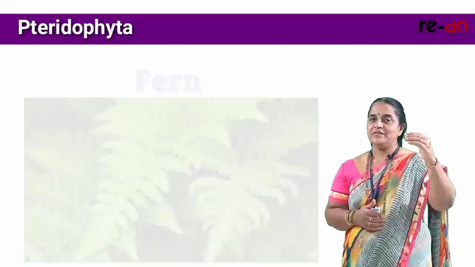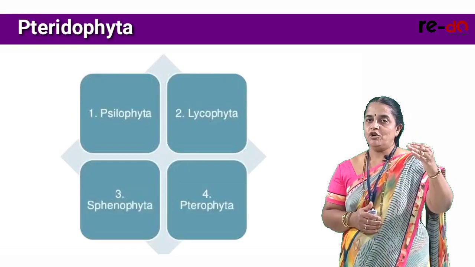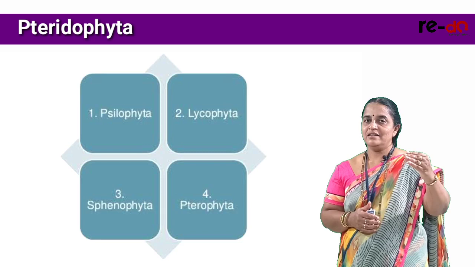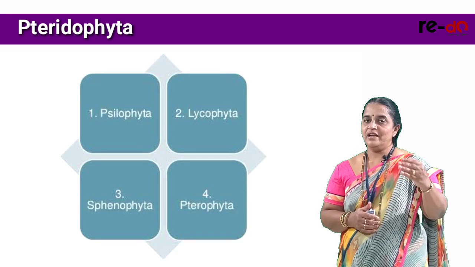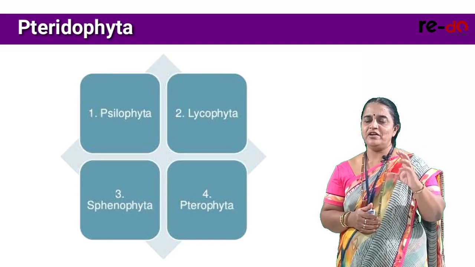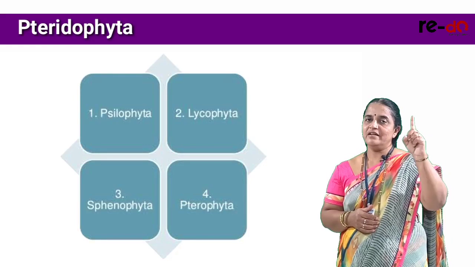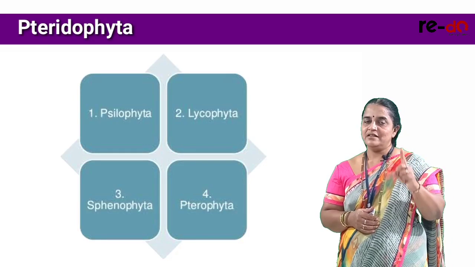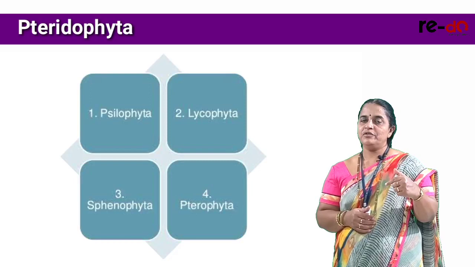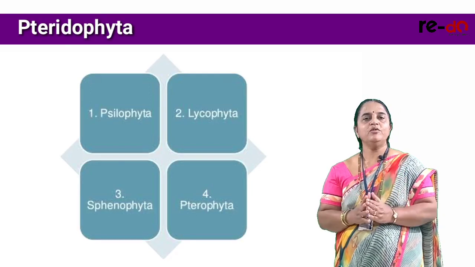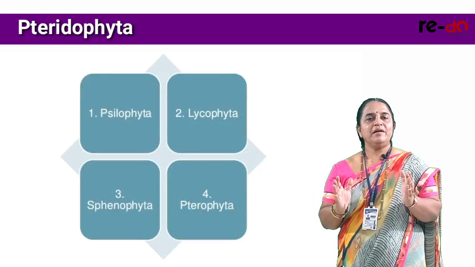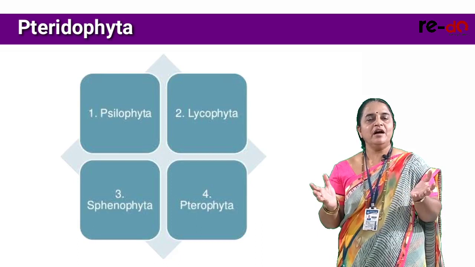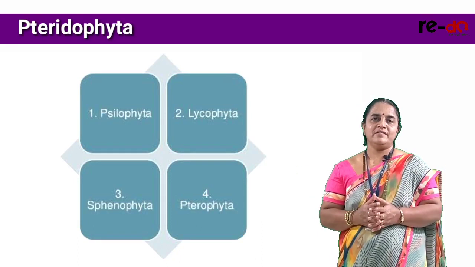I'll repeat again. Classes Lycopsida, Sphenopsida, Psilopsida and Pteropsida. You can change the order, but first Psilopsida, second Lycopsida, third Sphenopsida and fourth Pteropsida. And Pteropsida includes ferns. These plants are usually grown in gardens as ornamental plants.